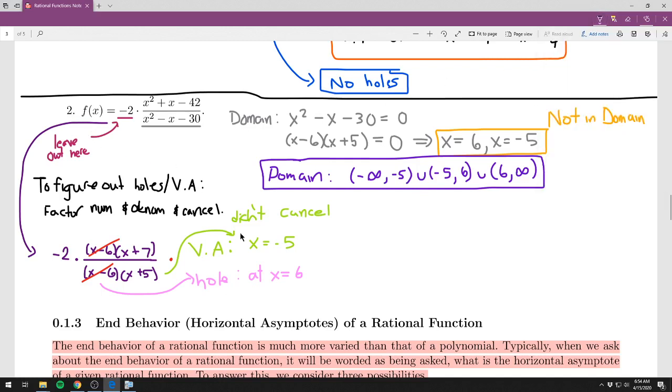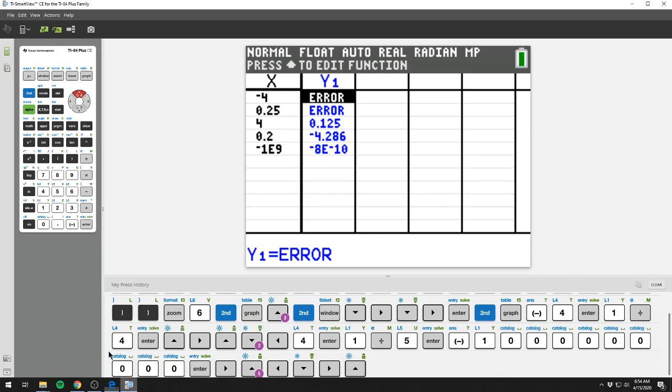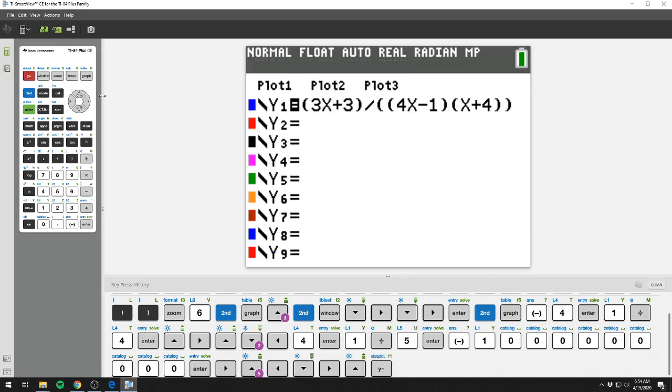Now what I'm going to do is graph this thing. I'm going to graph it exactly the way it was at the beginning. Go back to y equals.